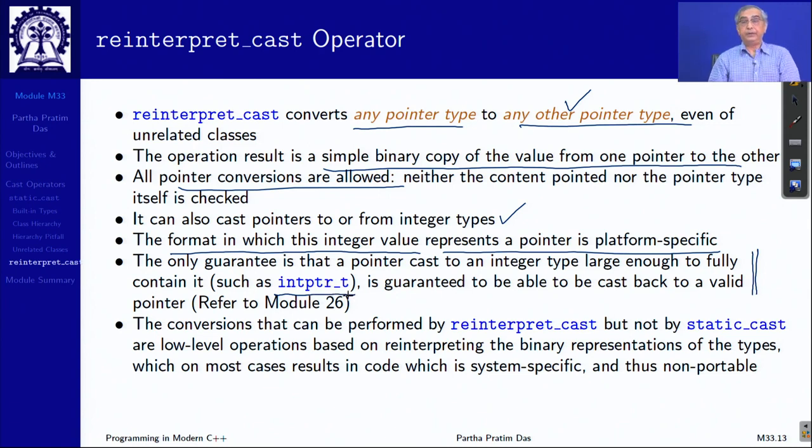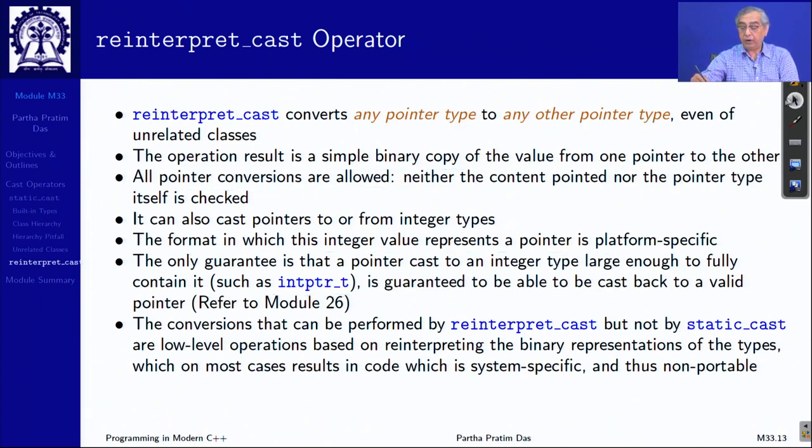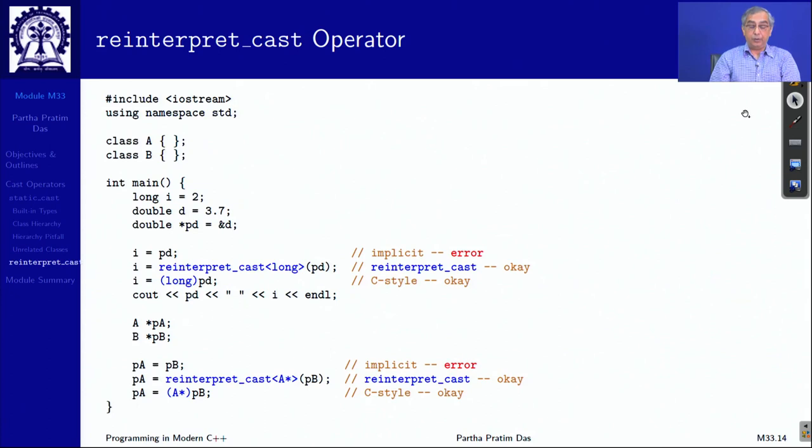There is a type defined in the library called intptr_t, which gives you the size of the integer that must be provided to fit the pointer type. Right. So, for our earlier case in module 26, this size was 8 bytes. These conversions can be performed only by the reinterpret cast, not by the static cast at all.